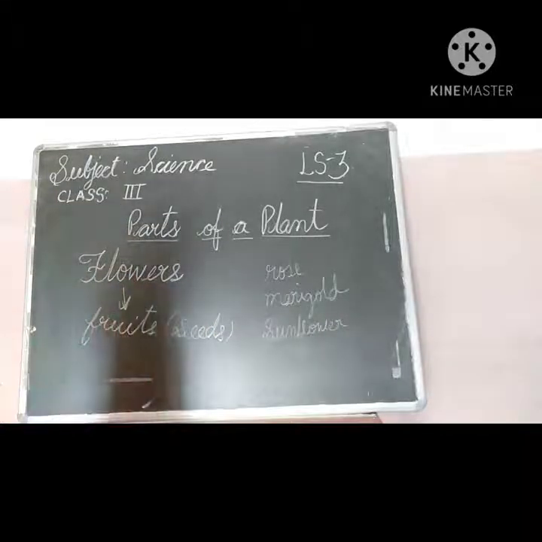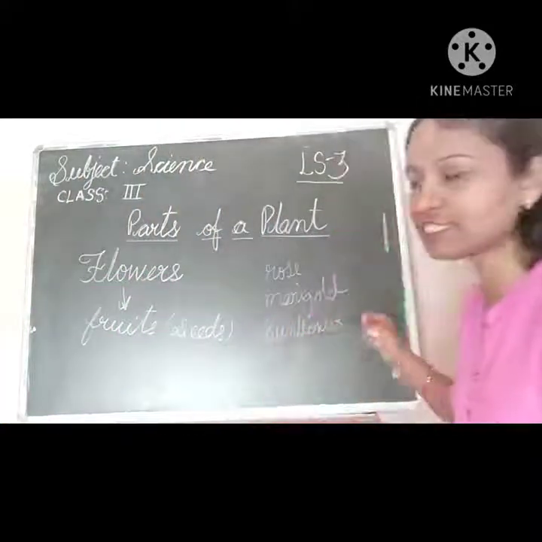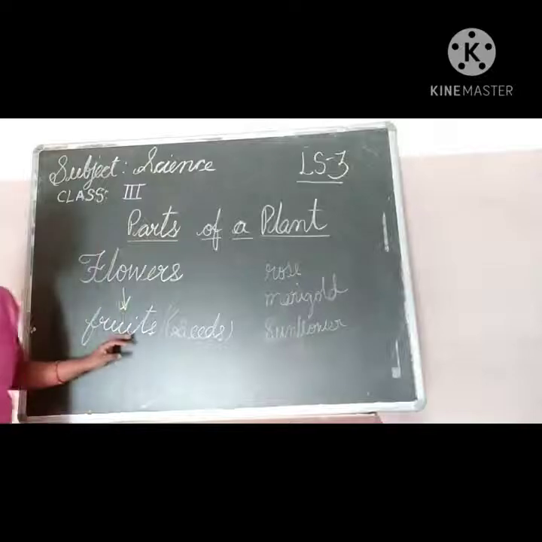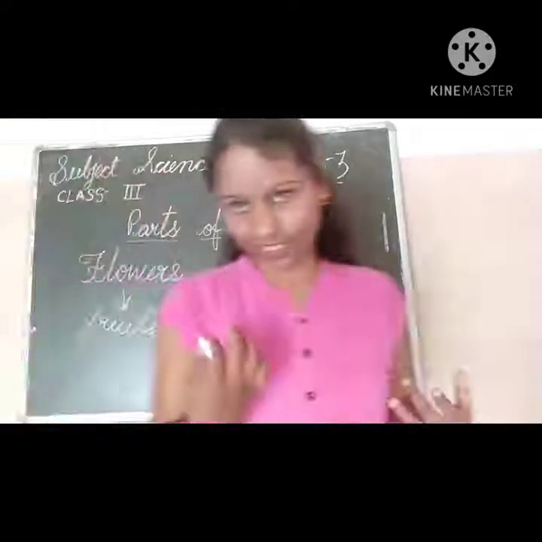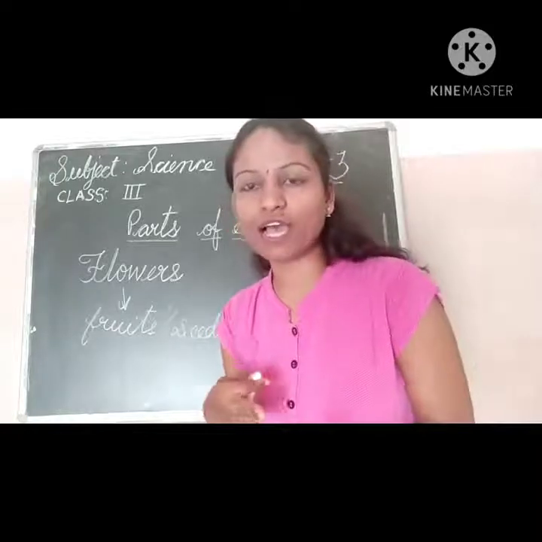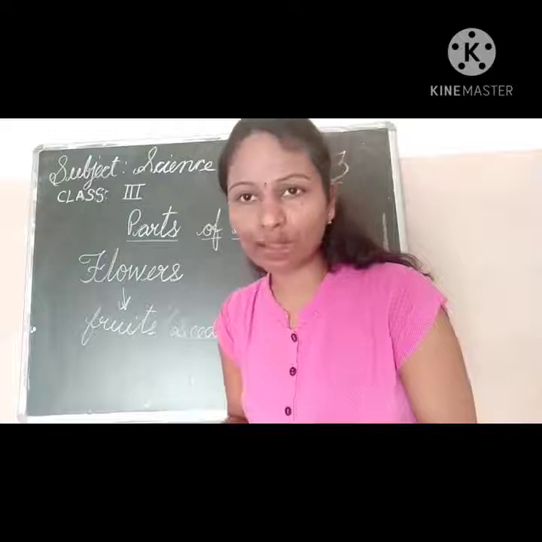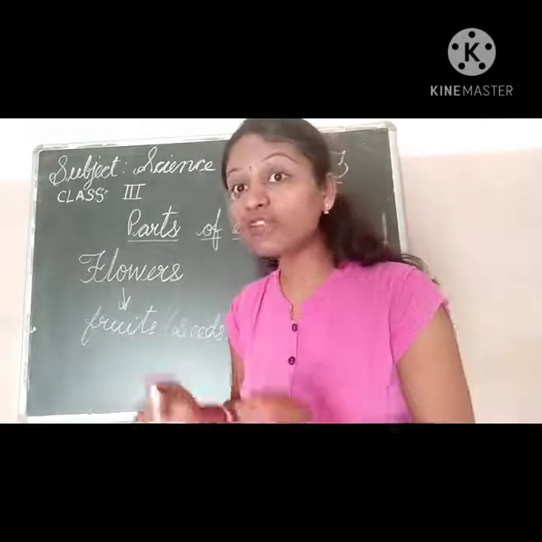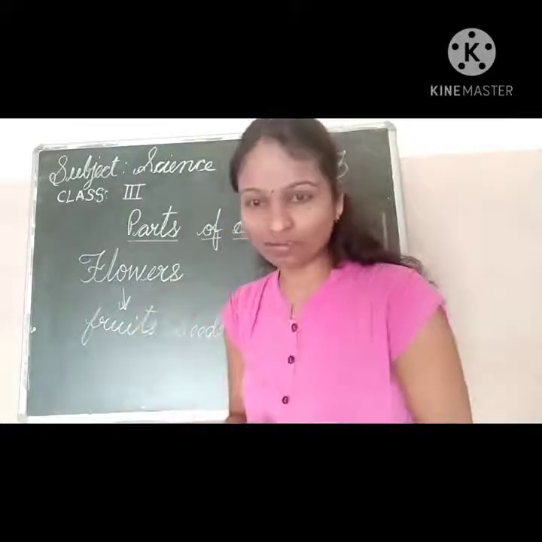Now our next topic is fruits and seeds. Fruits are pulpy in nature, like grapes, banana, apple, and mango. These are a variety of fruits, in which the plants store their food, and that stored food we are eating.